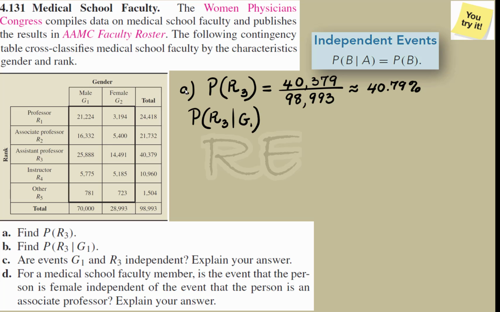G1. Given that the professor is a male, what's the probability of being an assistant professor? 2588, male and assistant professor, divided by 70,000, the total of the male column.